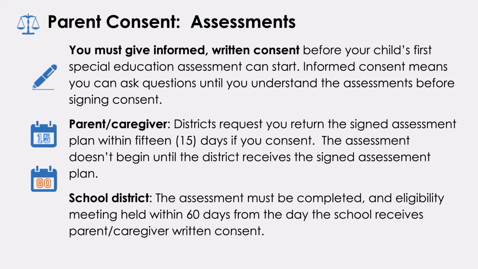The district requests you return the signed assessment plan within 15 days if you agree and consent. The assessment cannot begin until the district receives the signed assessment plan from the parents. Then the assessments must be completed by the district, and the eligibility meeting should be held within 60 days from the date the school receives the parent written consent.